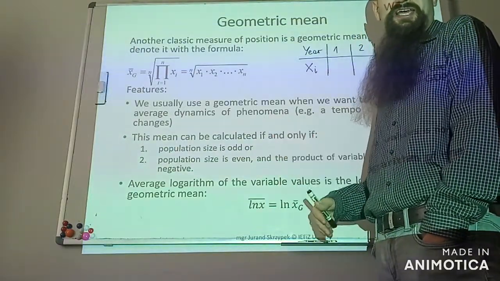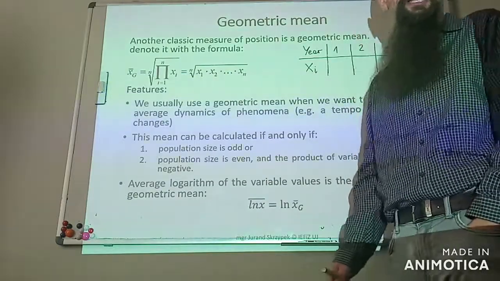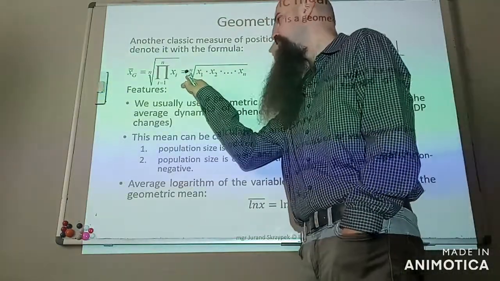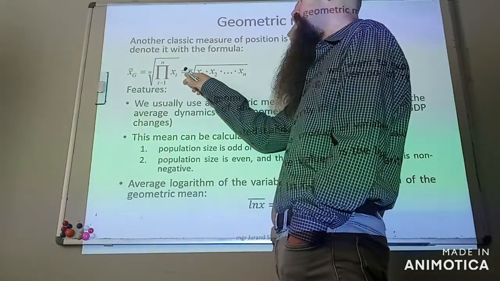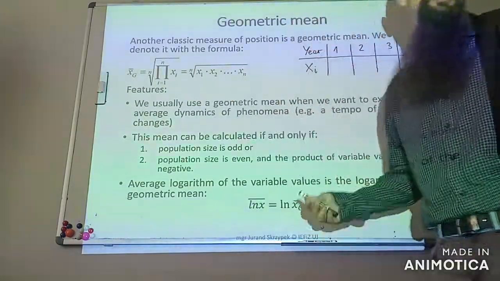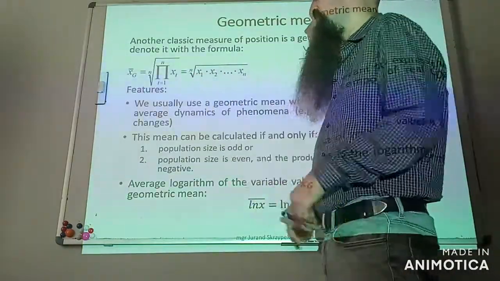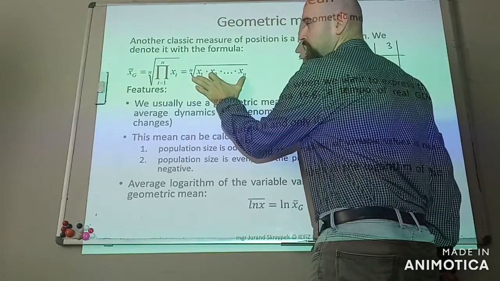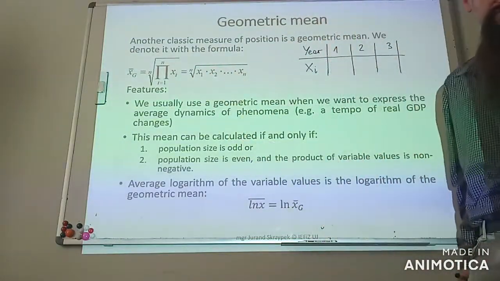We multiply all the variable values by ourselves, and after that we compute the n-th root of this product. N is the population size, the number of variable values.